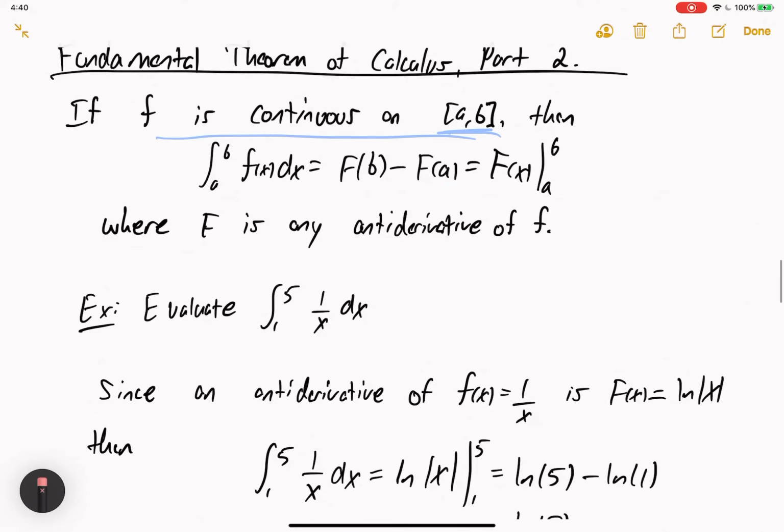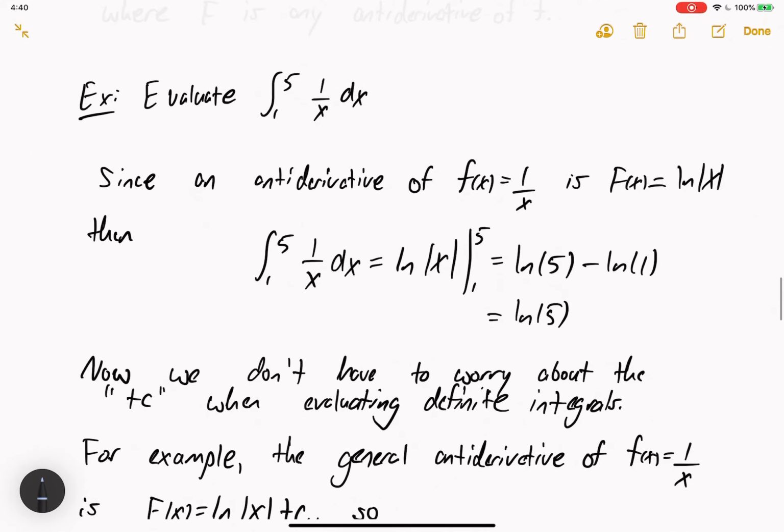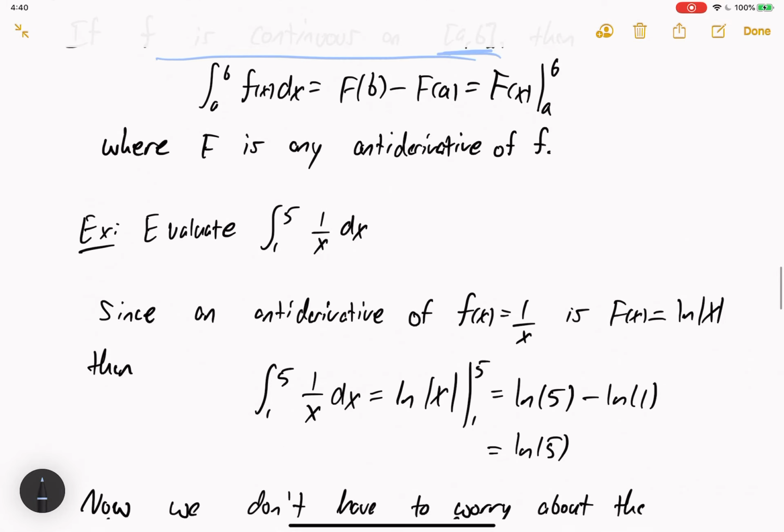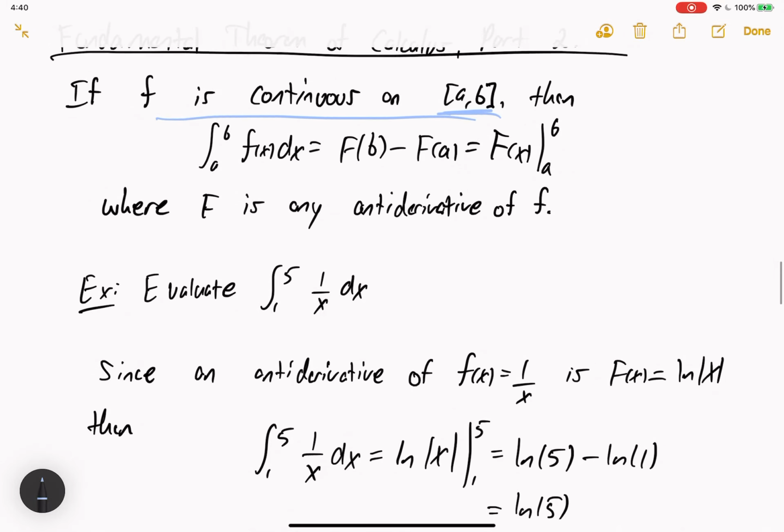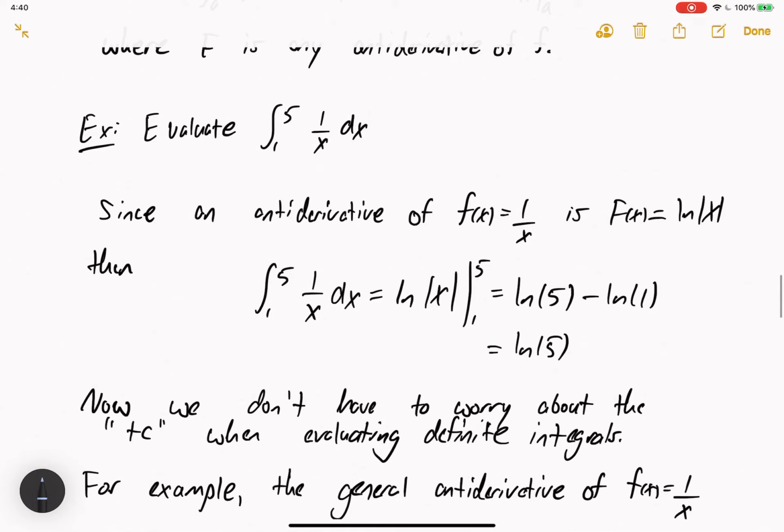And this is where those come in. So we want to do an example of this real quick, and then we'll get more into the details as we do it. Let's try to evaluate the integral from 1 to 5 of 1 over x dx. An antiderivative of f of x equal to 1 over x, we've already done this before, is capital F of x equal to ln of the absolute value of x.